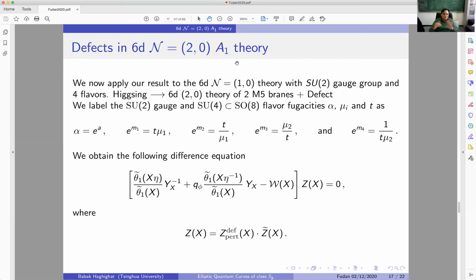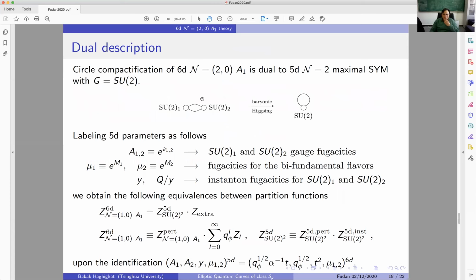So this is a dual viewpoint, and this is just how we parameterize these parameters here. But the crucial point is that now I want to start with this. This is the maximal super-Yang-Mills of the SU(2) gauge group. In order to take a defect here, you can start with this theory and then Higgs it, defect Higgs it, and obtain this. And one can then go through analogous computations, and that was done before for this theory.